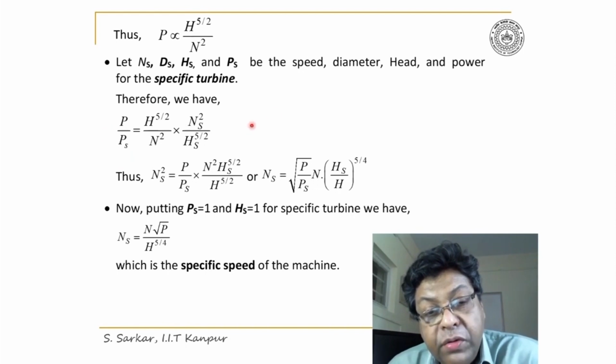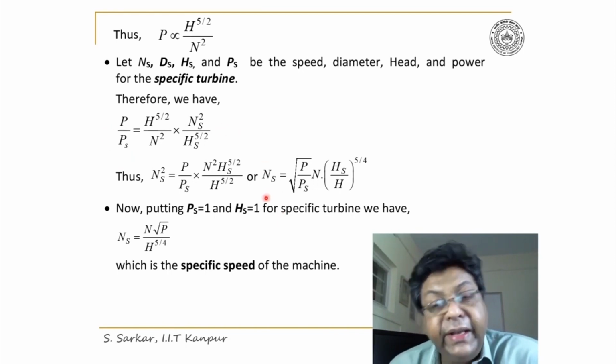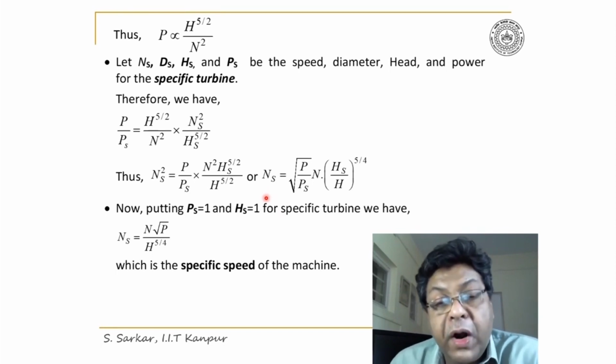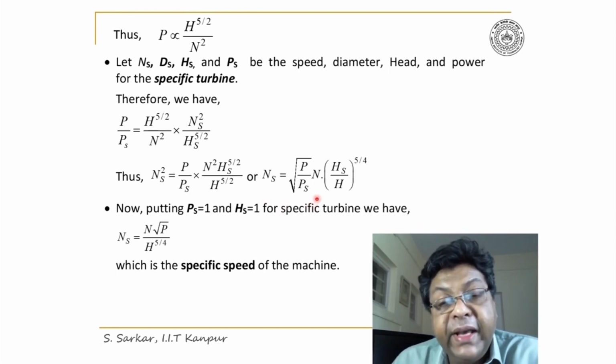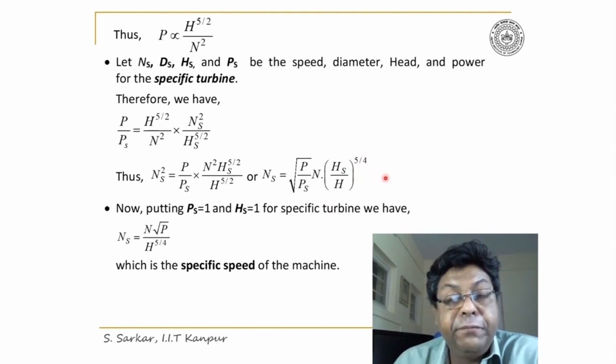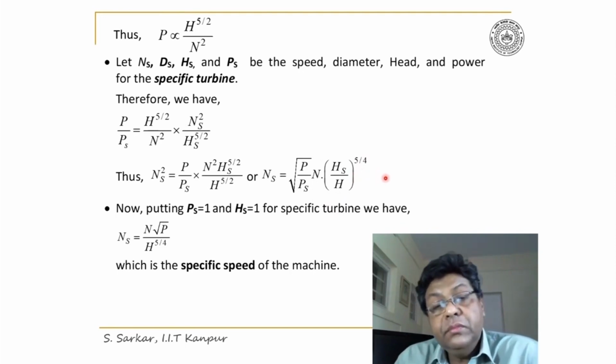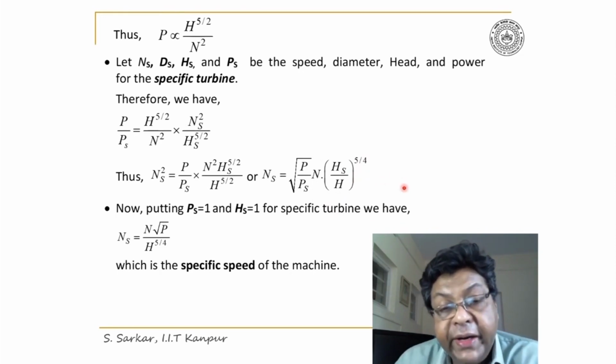And therefore, from here, we can get Ns is equal to N root over P by Ps into Hs by H to the power 5 by 4. So I get a relation for Ns.